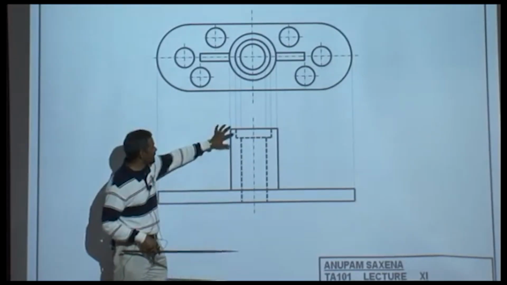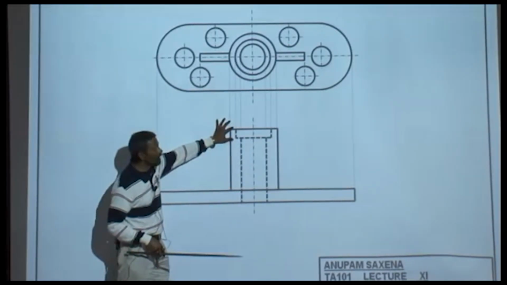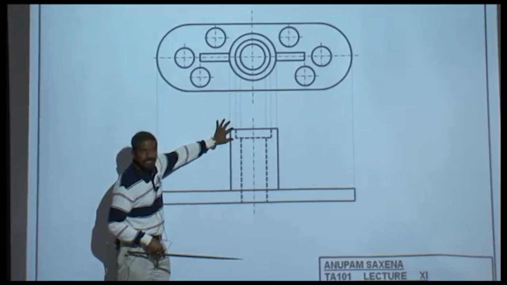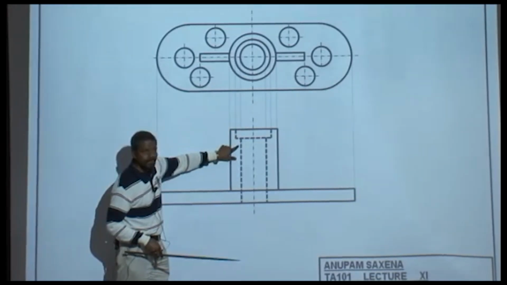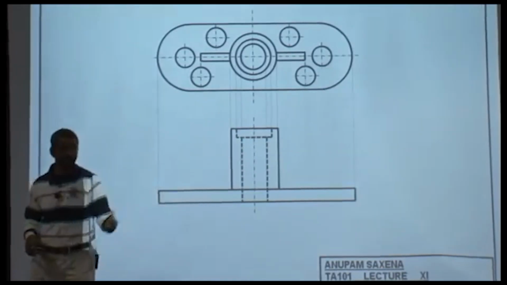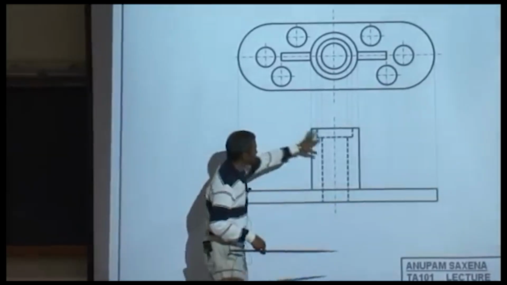Okay, once again, countersunk, diameter something, some distance deep, and then space or comma, phi something through. Okay, so this describes this entire feature.